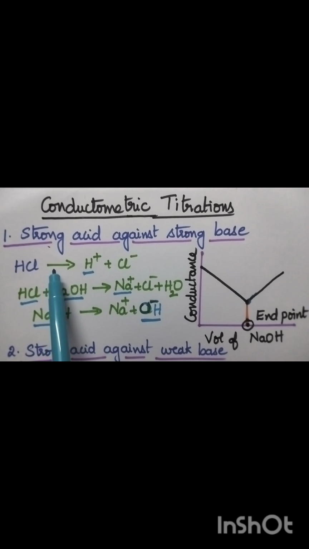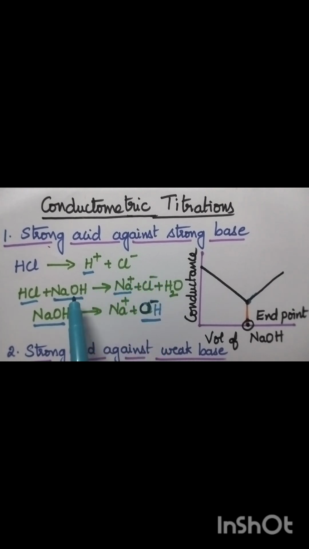Initially HCl is taken and its conductance is measured. HCl has high conductance because it is a strong electrolyte which dissociates completely. So after measuring the conductance of HCl, each time 1 ml NaOH is added to HCl and the corresponding conductance is measured.